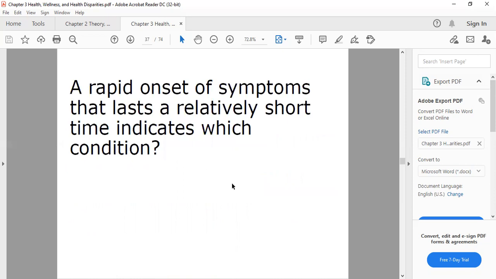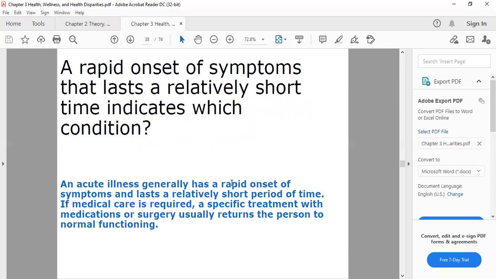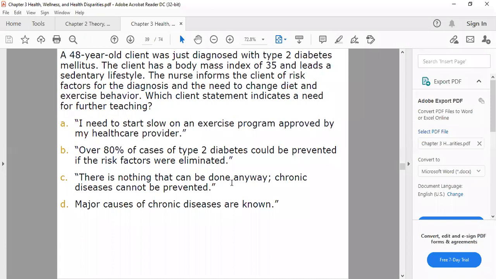A rapid onset of symptoms that last a short amount of time indicates which condition? Acute. A 48-year-old client was just diagnosed with type 2 diabetes mellitus. The client has a body mass index of 35 and leads a sedentary lifestyle.